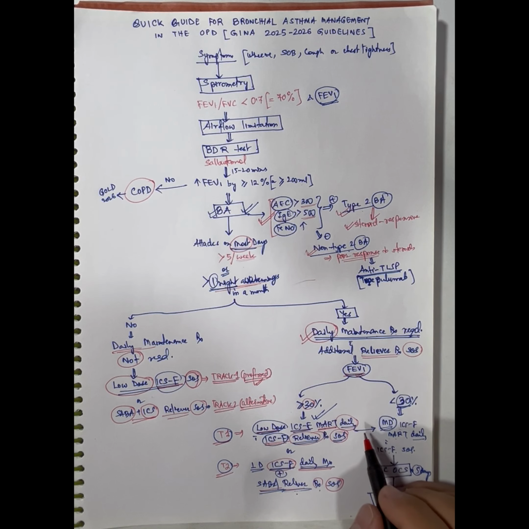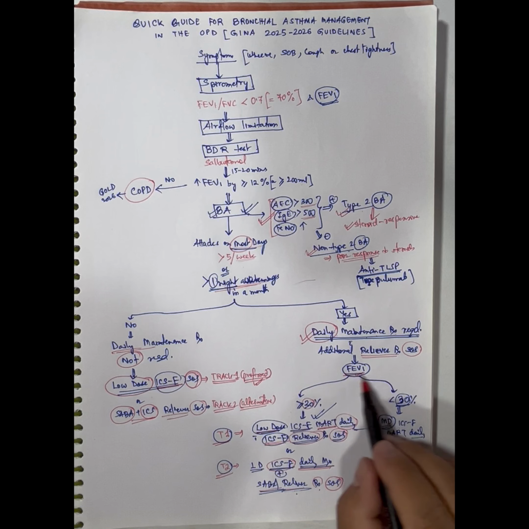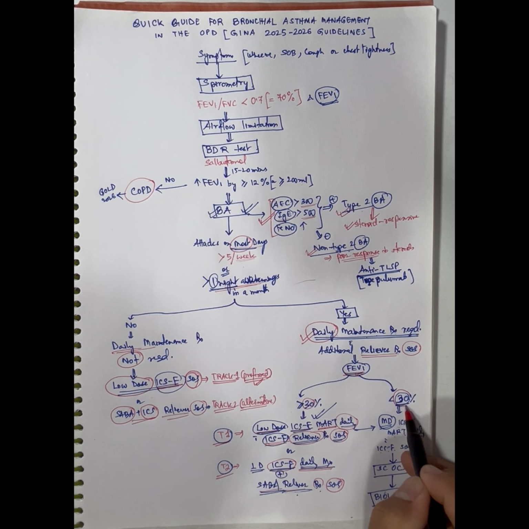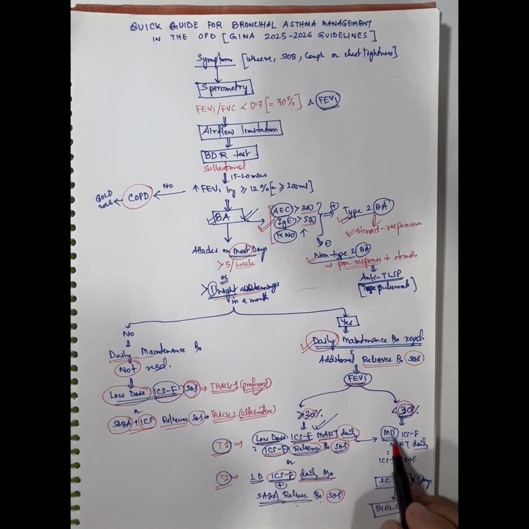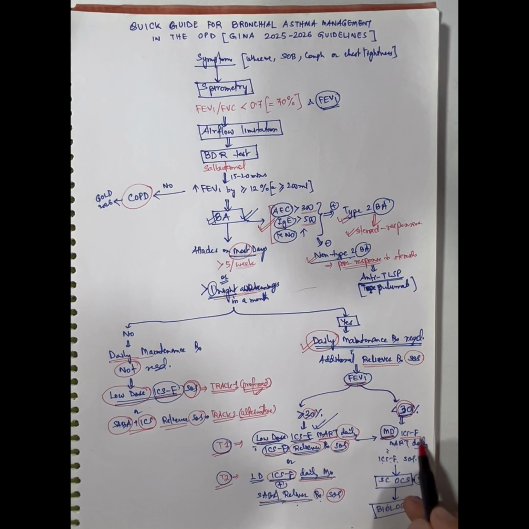So after following up at 2 to 3 months, if this patient doesn't improve much, or if the FEV1 was less than 30%, he requires medium dose, not low dose, medium dose ICS formoterol maintenance and reliever therapy with ICS formoterol SOS in between if there is any recurrence.